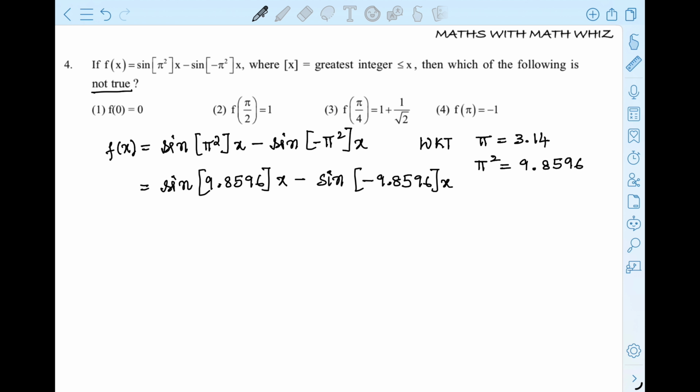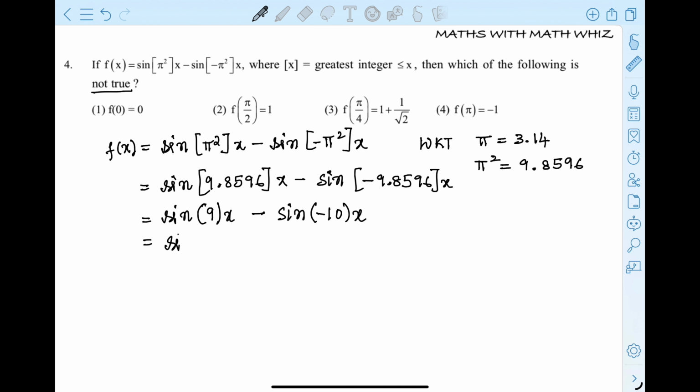So we know that the greatest integer function of 9.8596 gives us 9. So sine of 9 into x minus sine of the greatest integer of minus 9.85, which gives us minus 10 into x.